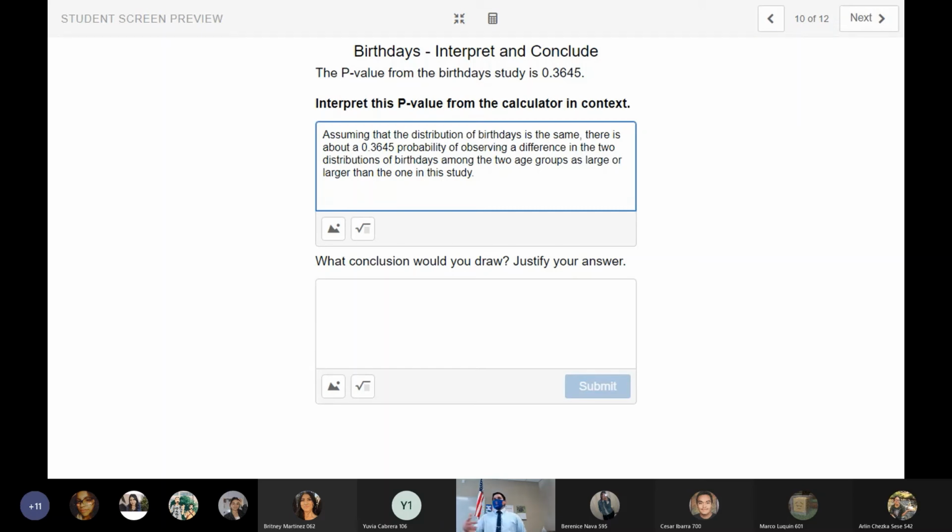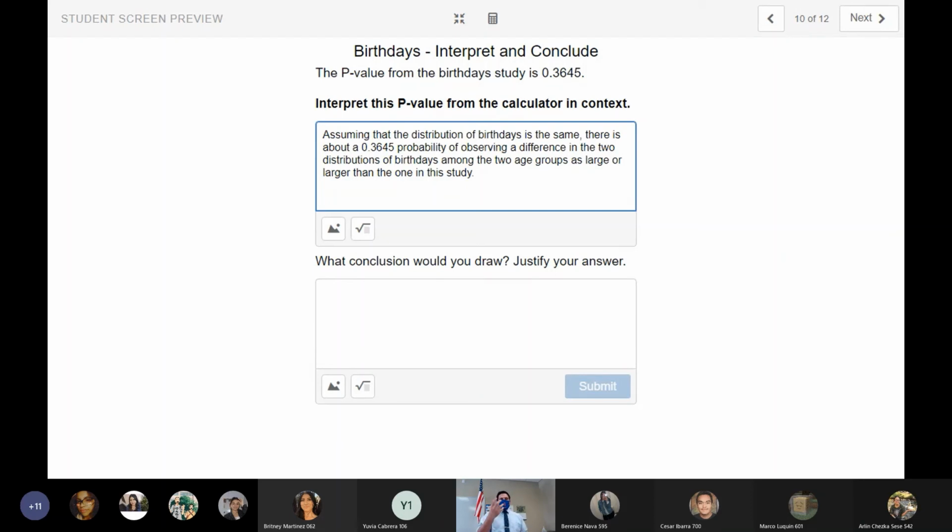Now in the conclusion, that's when we say, okay, based on this p-value, should we have seen the results we saw if the null hypothesis is correct? It's basically what our significance level allows us to do. If no significance level is provided, we automatically default to using alpha equaling 0.05.